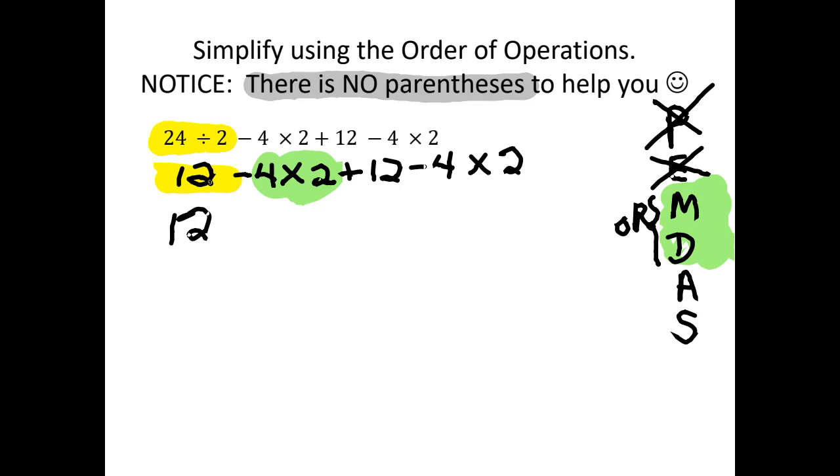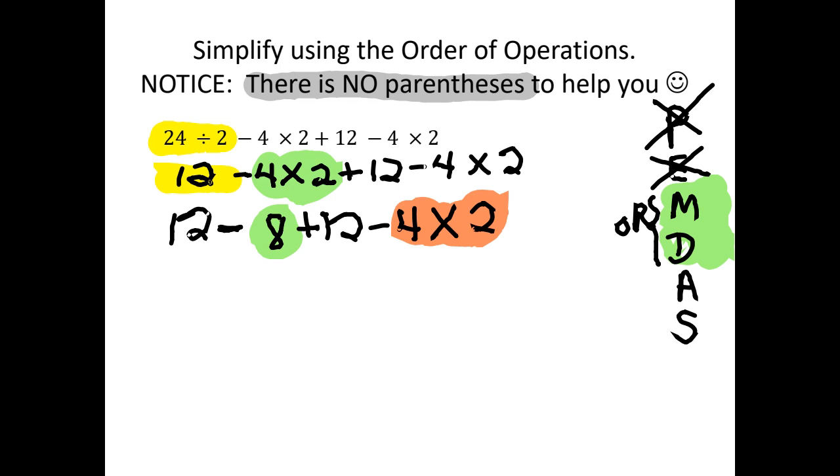Now the minus sign is still here. 4 times 2 is our green product of 8 plus 12 minus 4 times 2. Well, again, notice, do we have any more multiply stuff? Oh, yes, we do. Way over here.